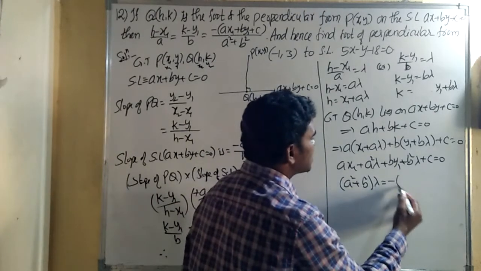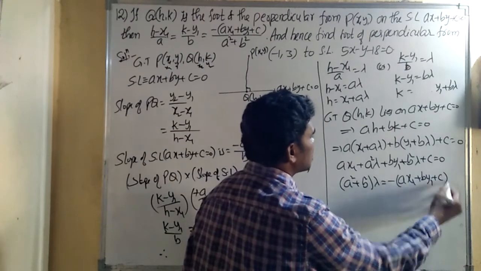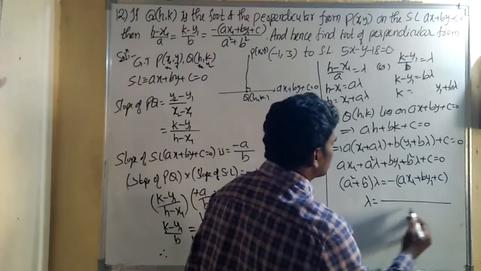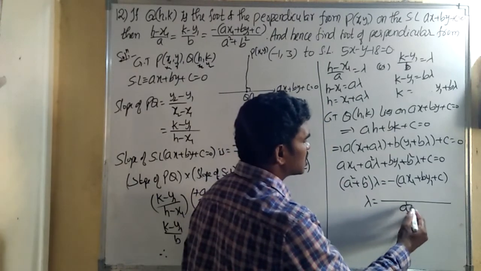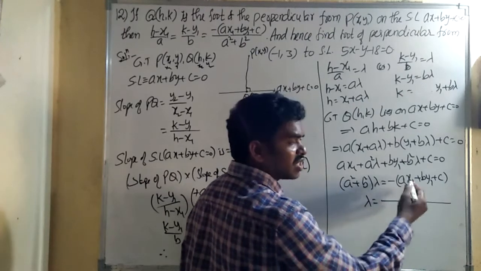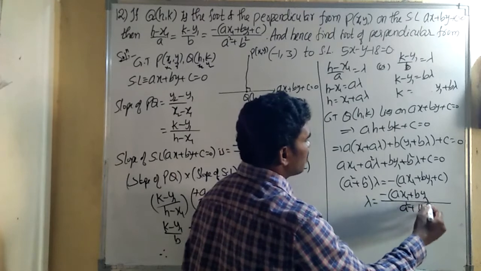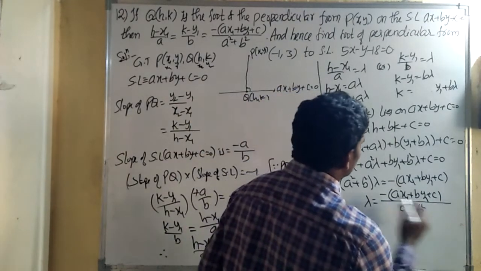So minus is common: minus of (ax1 plus by1 plus c). Then lambda equals, sending a square plus b square to the right side, it is in multiplication so it goes to the denominator: lambda equals minus (ax1 plus by1 plus c) by (a square plus b square). So we got lambda.